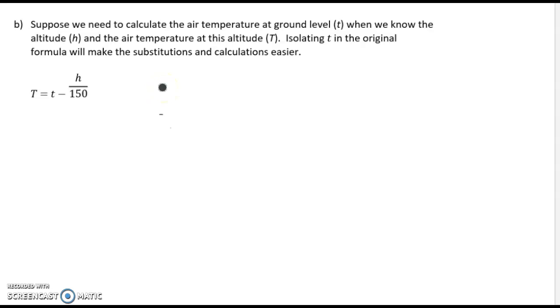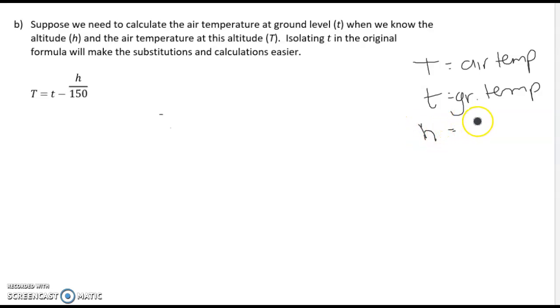So just remember, capital T is the air temp, little t is ground temp, and little h is the height, altitude.